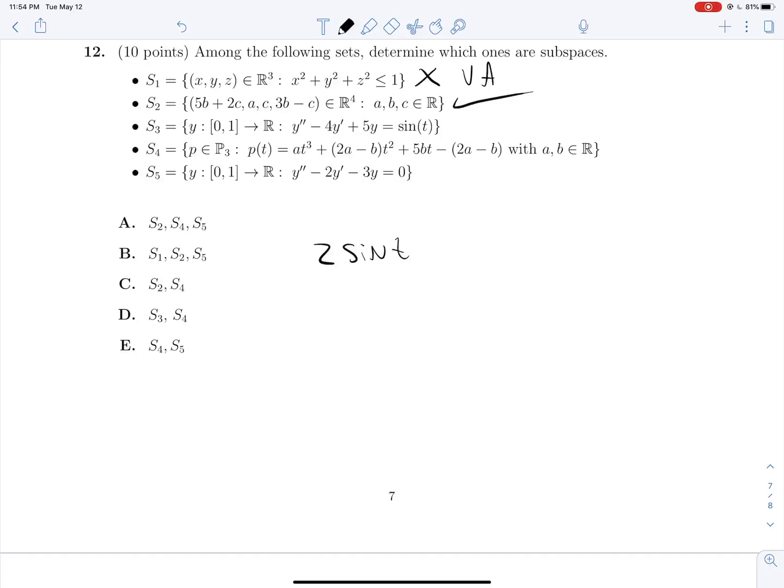If we add 2 of them together, we get 4 sine t. That doesn't match anything in our set, so that's no good. Essentially, the rule seems to be that if you have a non-homogeneous second-order differential equation, with a particular solution that does not have constants on it, that equation will not be a subspace because it will not be closed under vector addition.